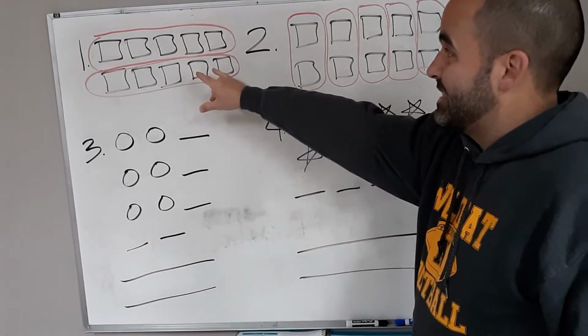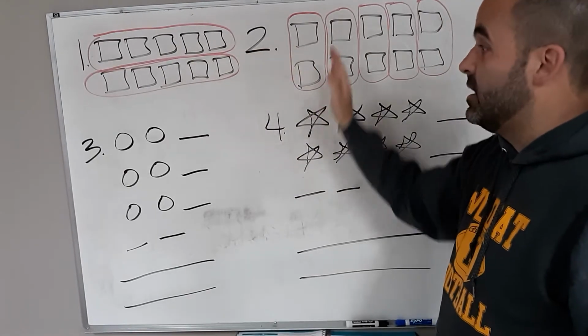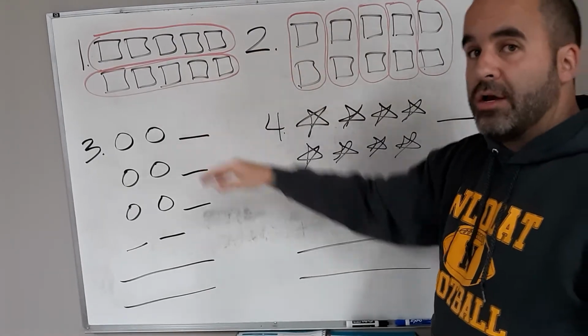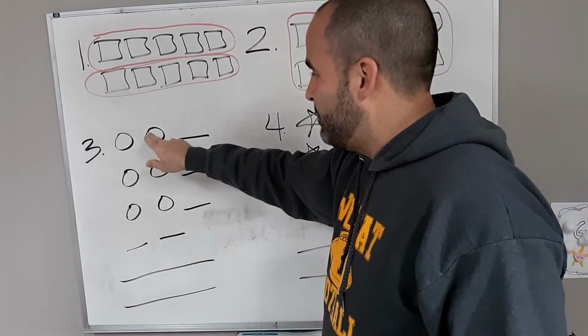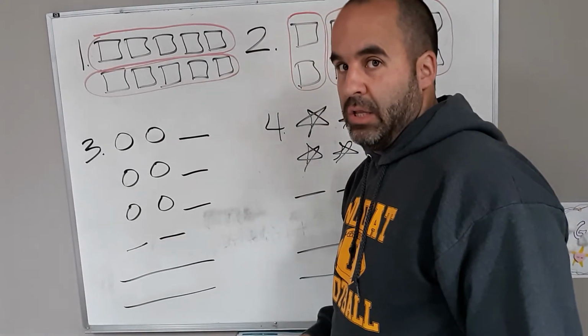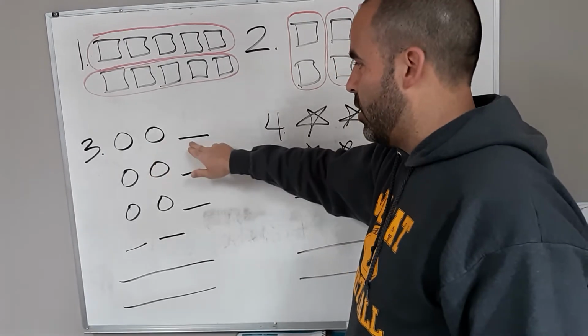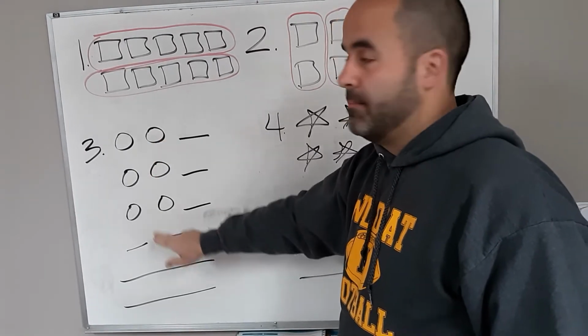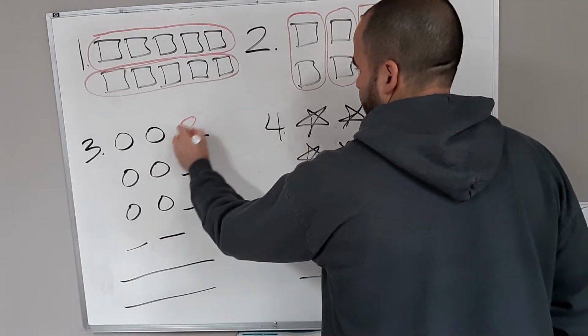Arrays are just like this. They have rows and they have columns. So, on number 3, there's a little dash off to the side and a little dash down below. And what they're saying is they want to know how many are in each row and how many are in each column. So in this row we have 2.